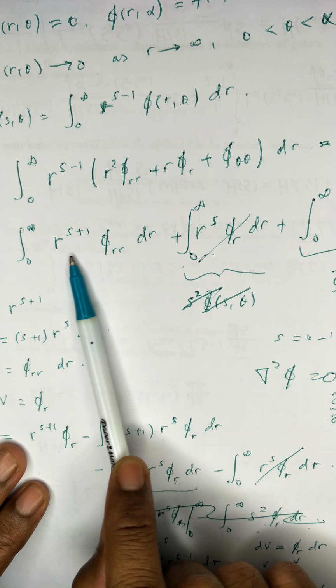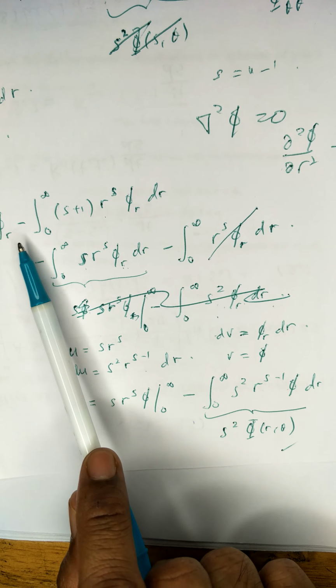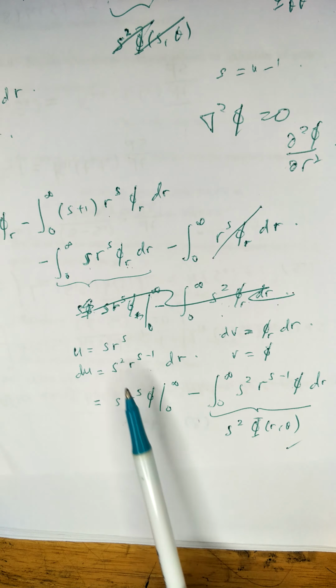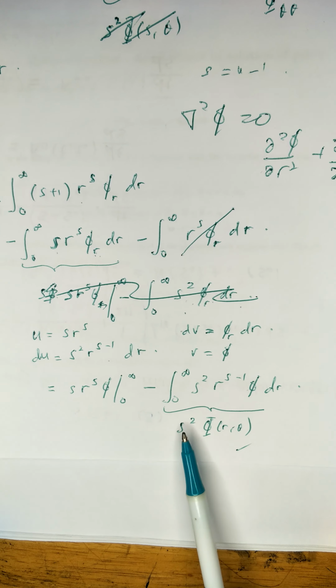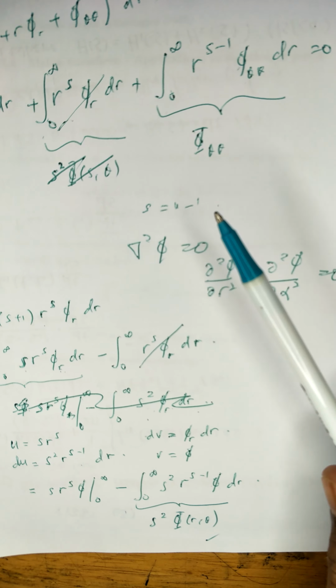And then for this term here, you can integrate by parts. You will end up with this. So you do it once, and you need to do it again. And this part here cancels out with that. So what is left is that and that. And this part, using the boundary condition, gives you 0.